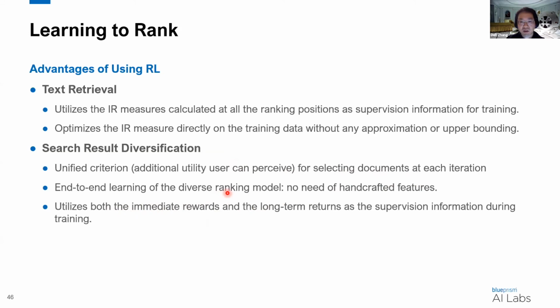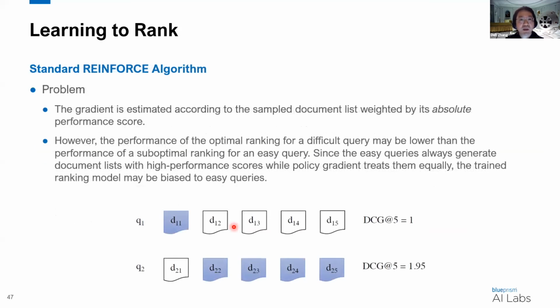All would be achieved by using the reinforcement learning algorithm. And this algorithm could be expanded to utilize both the immediate reward and also the long-term return as the supervision information during training. It really provides the flexibility for you to manipulate the reward functions in any way that you would like to have.